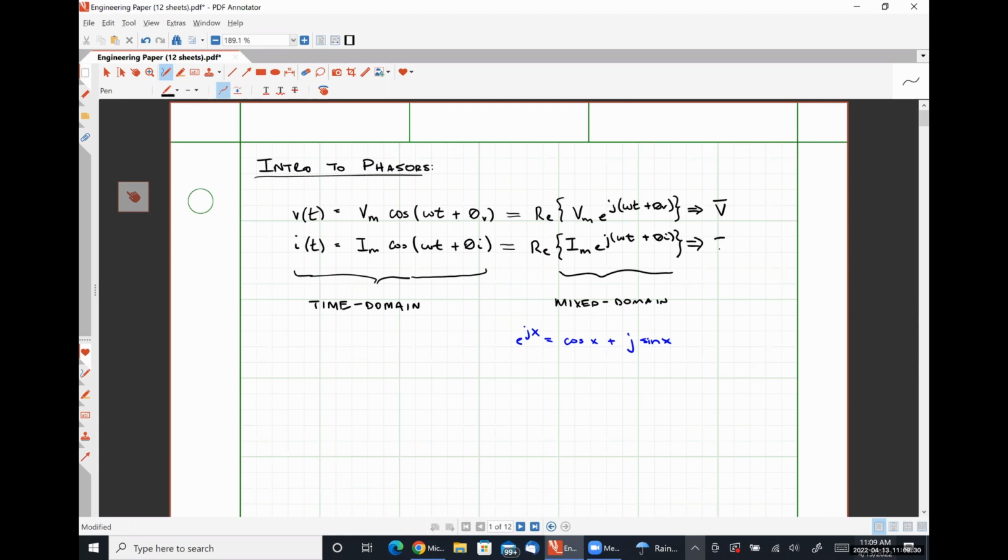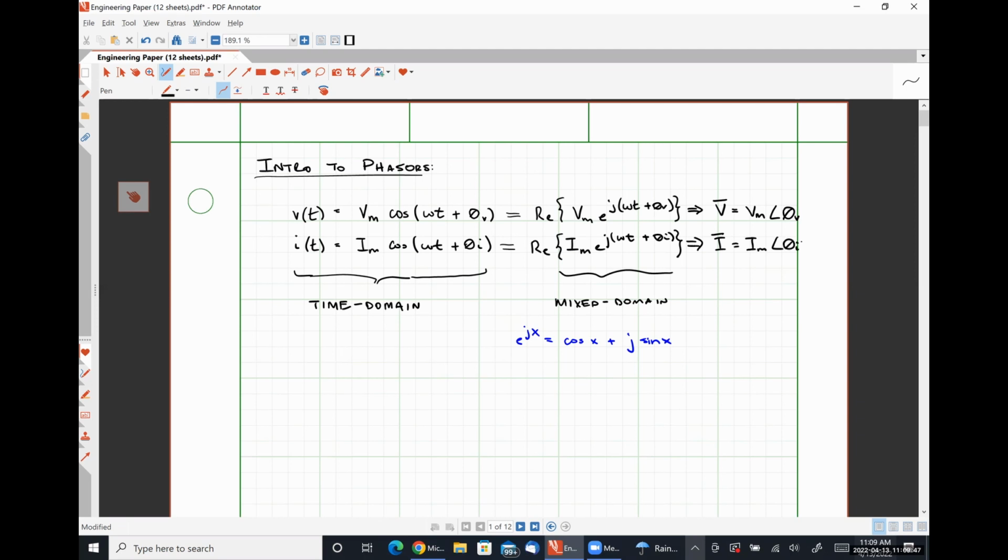And we'll have a phasor current I, like so. And this is simply a polar form complex number containing the magnitude information and the phase angle information.